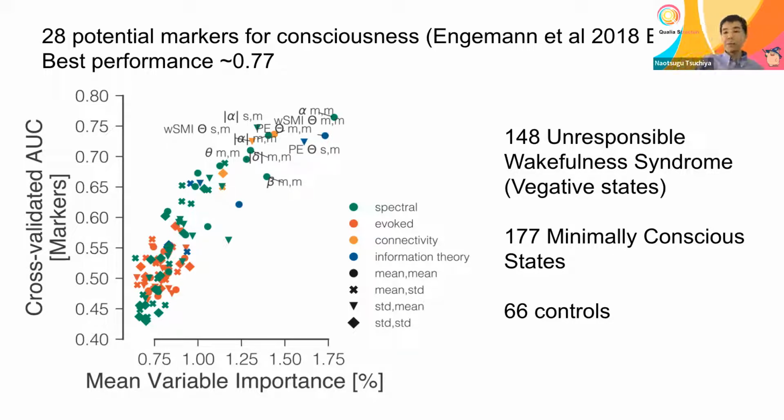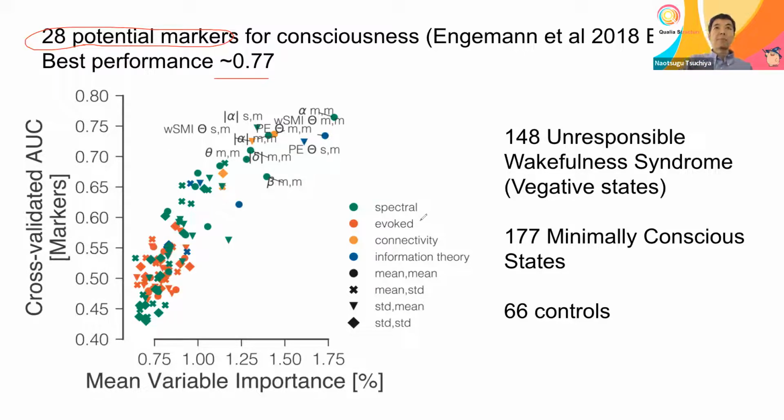This is one impressive study published by Engelman in 2018 in Brain, where they compared the performance of 28 potential markers of consciousness from EEG. They reported the best detection accuracy is now 0.77, with 0.5 as chance, and 1 as the maximum accuracy in discrimination.